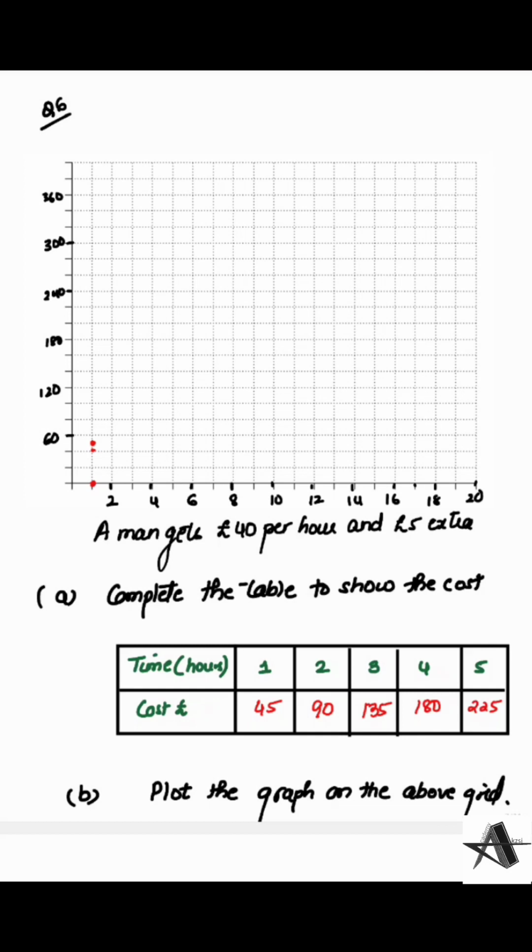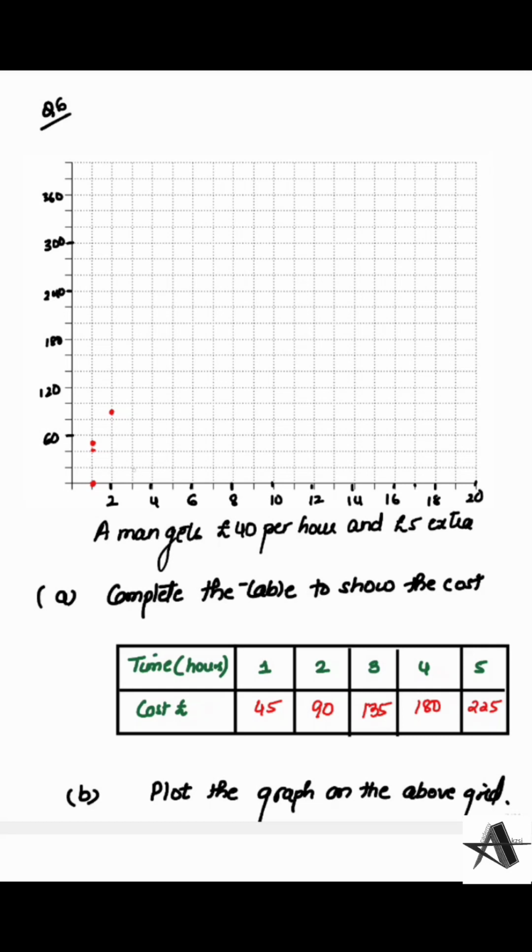Next, for 2 hours, it would be 90. So 90 would be, this is going to be 80, as each represents 20. So 80 and 90 would be just at the mid. Then for 3 hours, it will be 135.